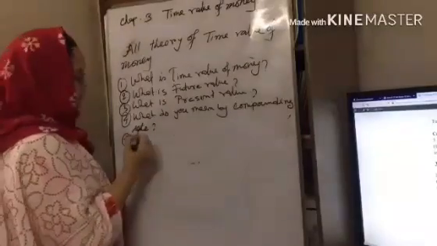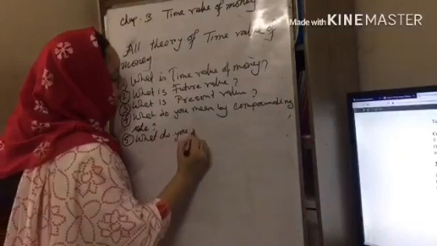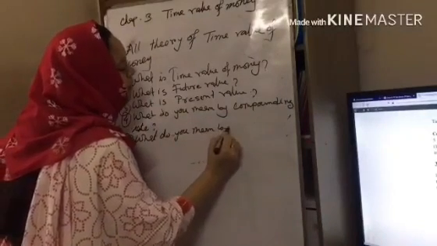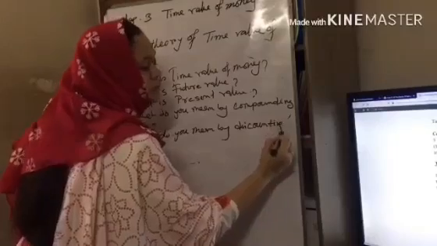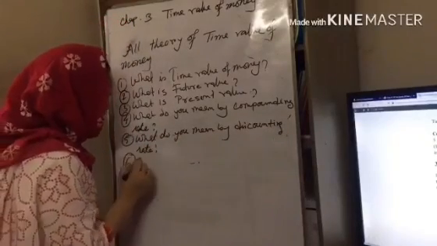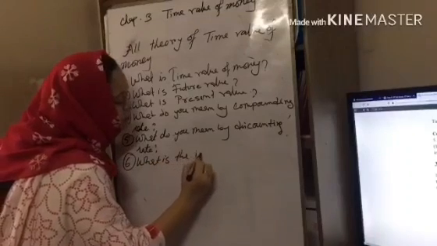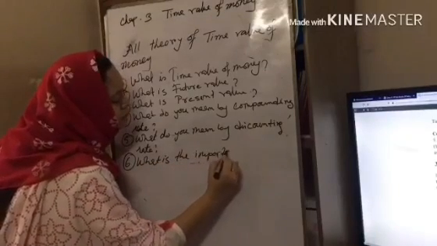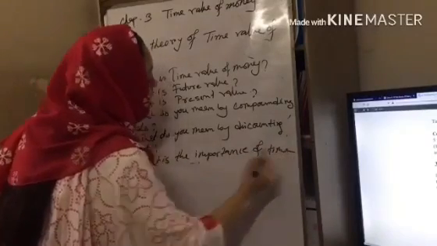Number 5, what do you mean by discounting rate? What is the importance of time value of money?